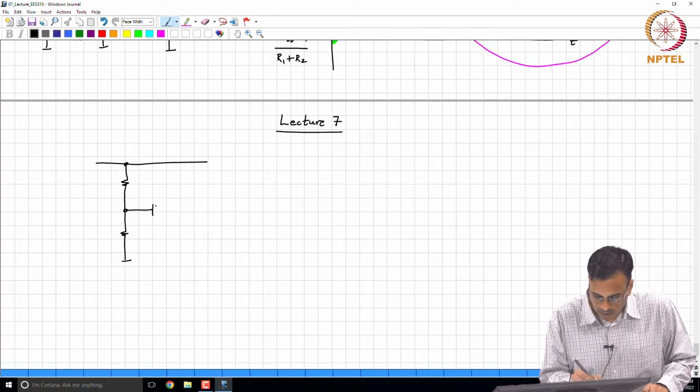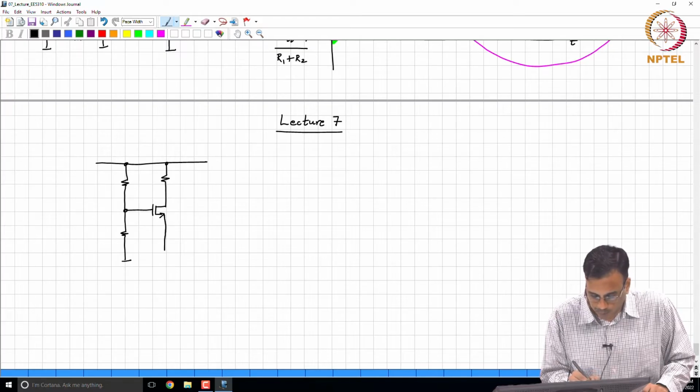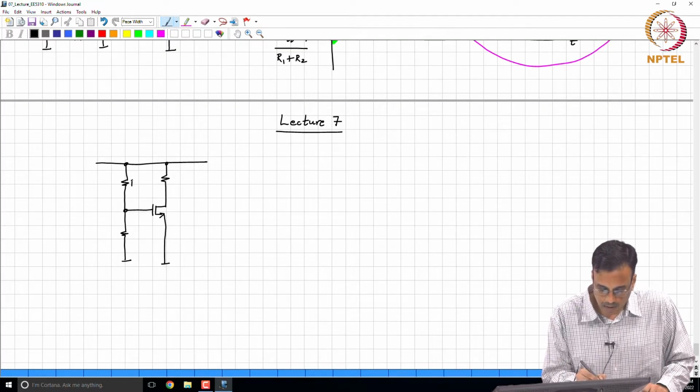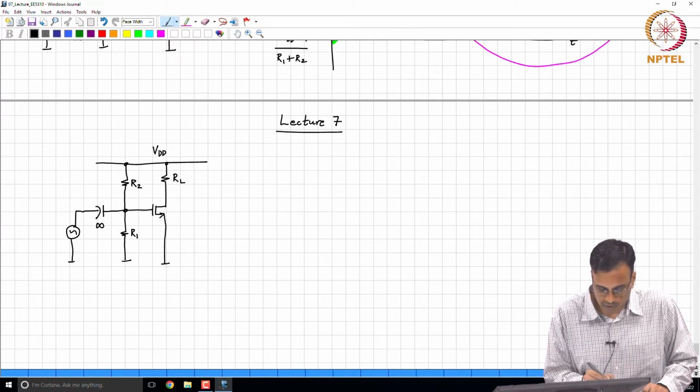And then we went on to start looking at what actually happens when the input signal swing is increased.